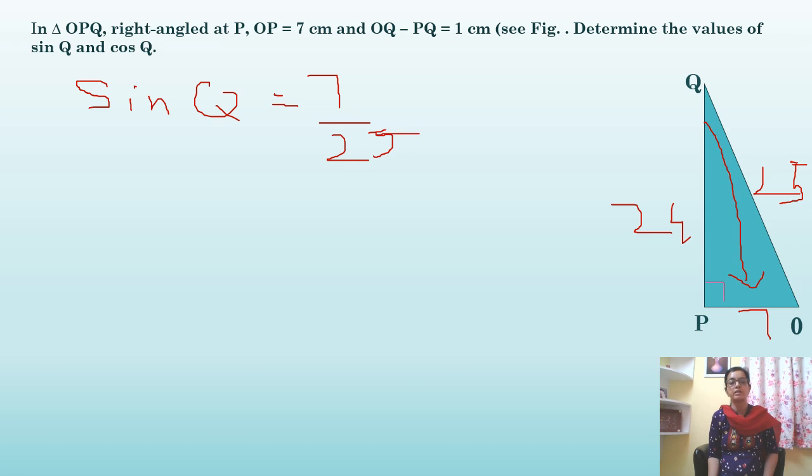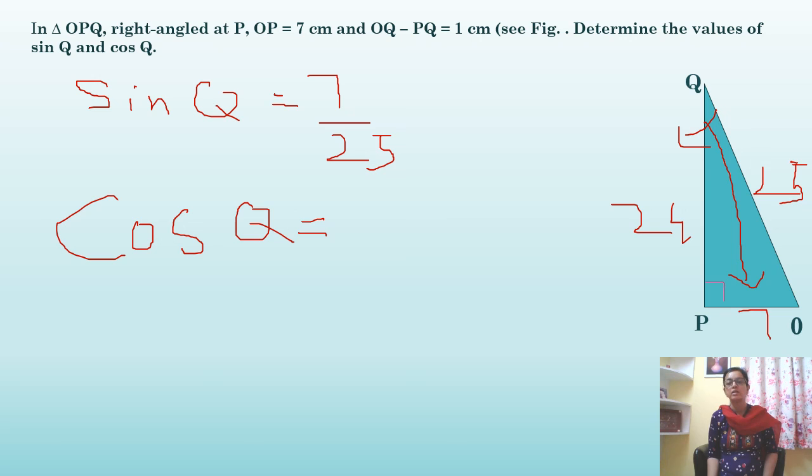And the next part is to find cos q. What is cos q? Just see the side adjacent to q. The measure of that side is 24, and the name of the side is PQ.